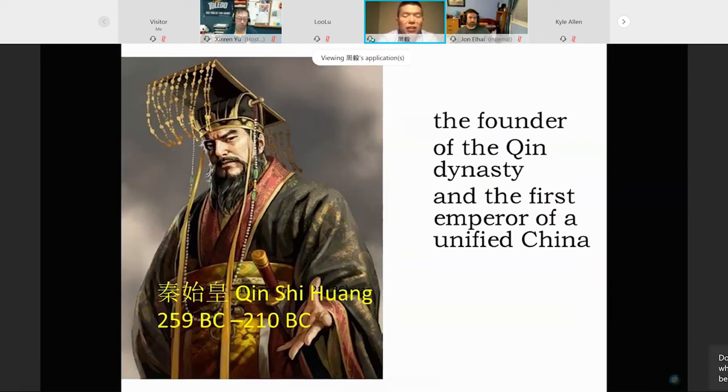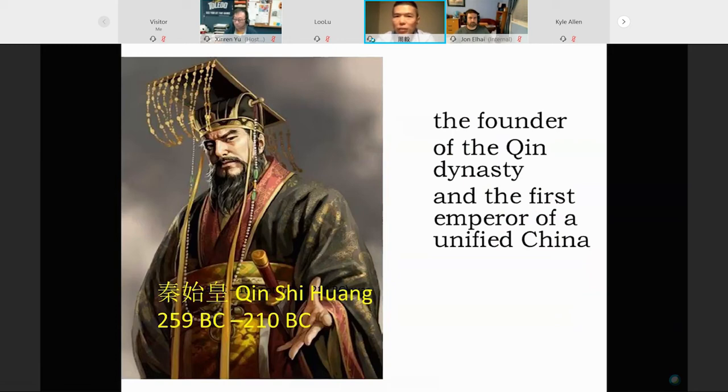In dynastic China, what is dynastic China? This is the first emperor. Just now you say, hey Joe, say Yellow Emperor. Yeah. When we say Yellow Emperor, he was just the emperor of a tribe. But this man, Qin Shi Huang, he is the founder of the Qin dynasty and he is the first emperor of a unified China.